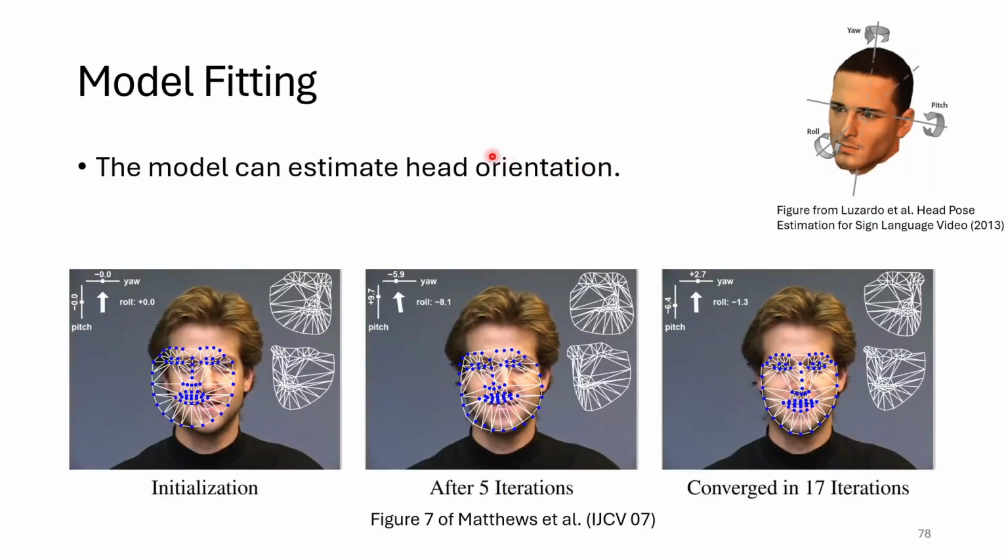They can use several iterations to match those key points in the 2D faces, and also estimate the orientation. So once the mesh can be well estimated, then they know the orientation of the human head.